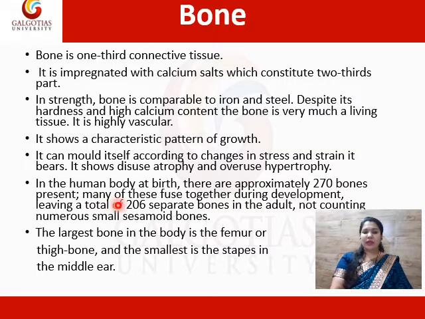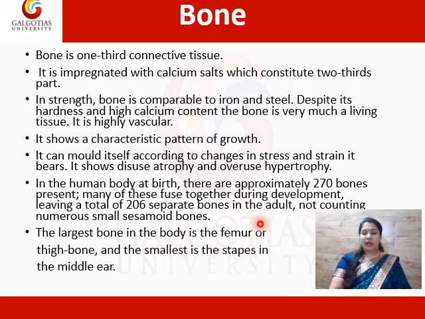In the human body, at birth there are approximately 270 bones present. But as we grow old, many of these bones fuse together and form single bones, leaving a total of 206 separate bones in the adult, not counting the numerous small sesamoid bones.